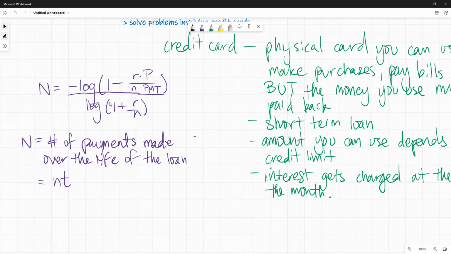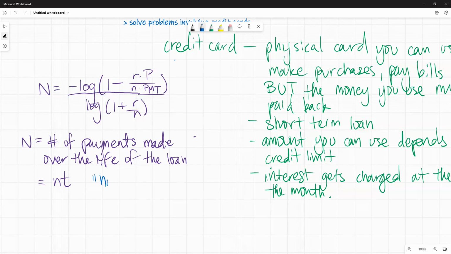And so this is a nice formula for us to use. This is pretty much the loan formula solved for NT. Whenever I ask you to find the amount of time it takes to pay off a loan, or the number of payments it takes to pay off a loan, we can use this formula.